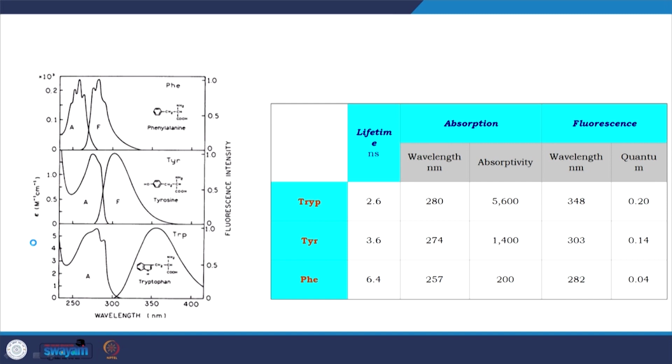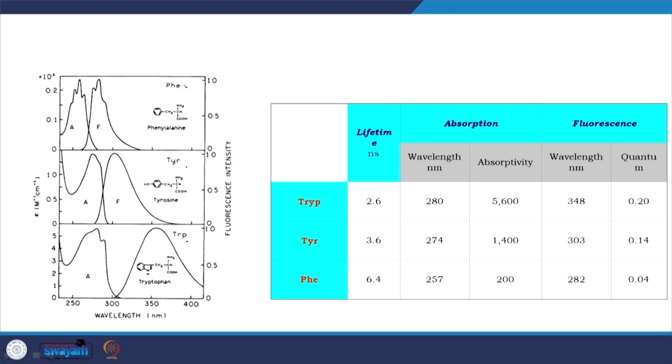Here is the data of tryptophan, this is tyrosine, this is phenylalanine. If you see, all of them have fair lifetimes: 2.6 nanoseconds, 3.6 and 6.4.